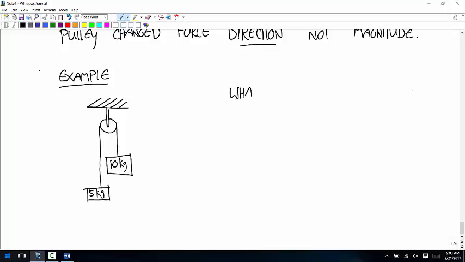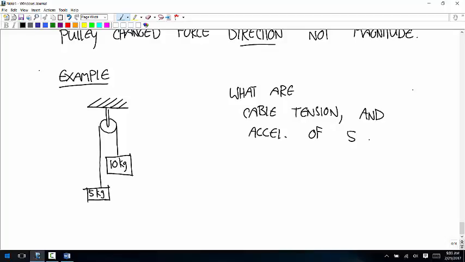And we want to know what are the cable tension and the acceleration of the 5 kilogram mass.